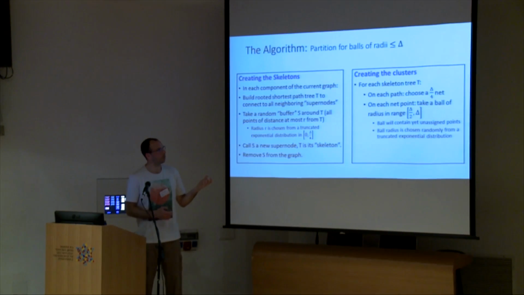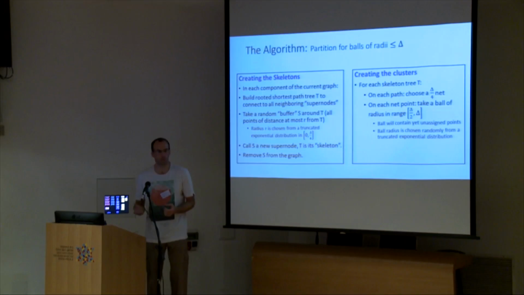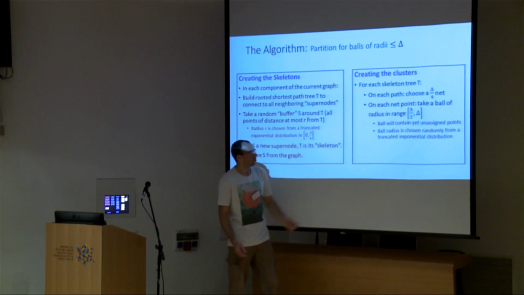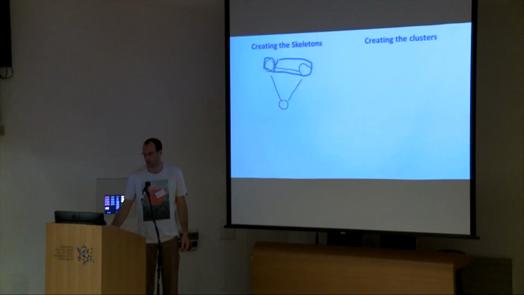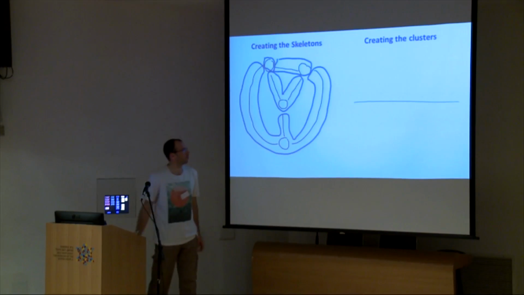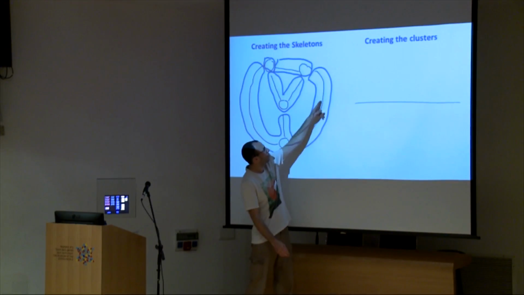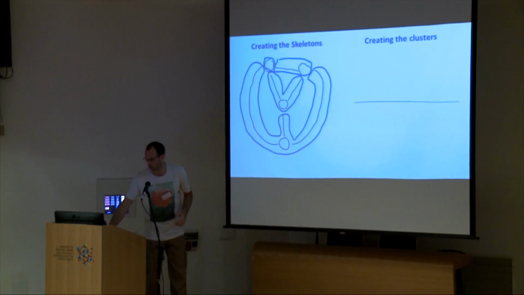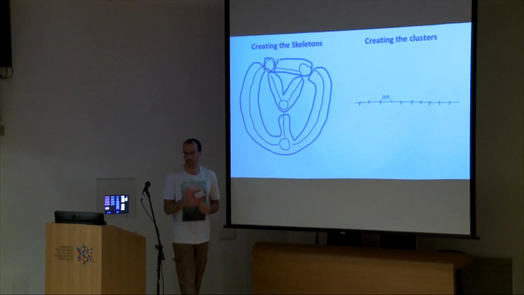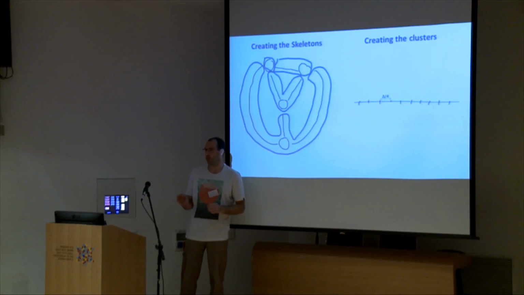To determine the radius of the balls, we pick them according to some truncated exponential distribution. Graphically, let's look at this shortest path, for instance. We take a certain net. So every delta over 4 vertices, we say, okay, this guy is a center of a cluster.